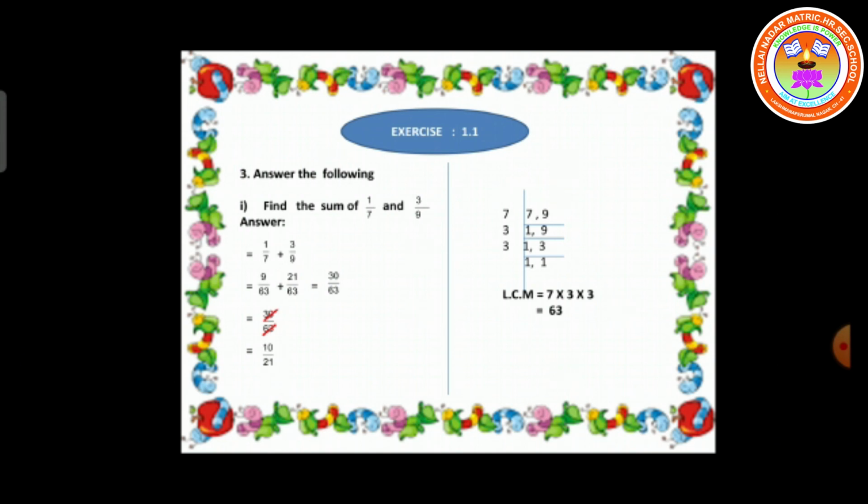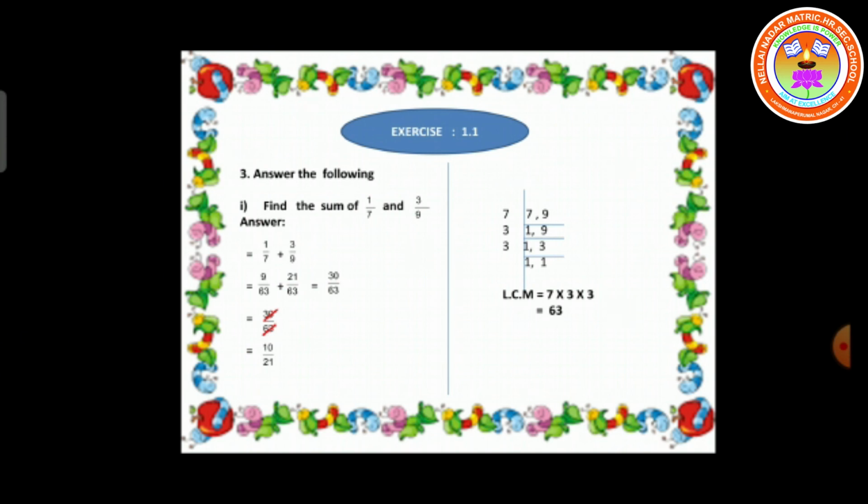Is it clear? Students, in this problem we found the sum of 1 by 7 and 3 by 9. First step, we did the LCM. Second step, finding the equivalent fraction. Then we get the answer 30 by 63. In case we can do the cancellation, we can.